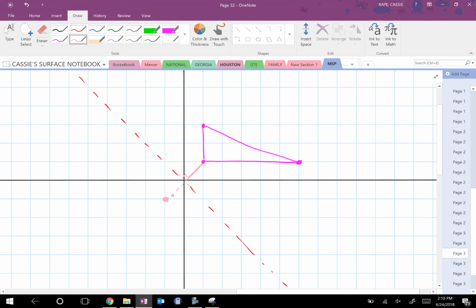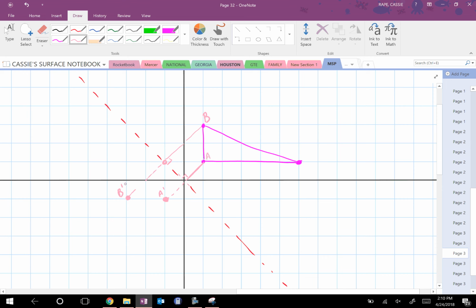Okay, so if this is A prime. Okay, I'm going to do the same thing right here. This point right here, 2 diagonals, I hopped over to hit it 90 degrees, which means from this point right here, I need to go 1, 2 more. And if this is B, this is B prime.